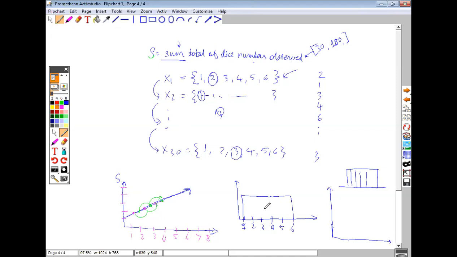So I would say this would be something which is easier to model, right? Because each of these values will be likely to occur. If you are looking at the average sum that you might expect, it would be 1 times 1 upon 6 and so on. So it would just be 1 by 6 times 1 plus 2 plus and so on, till 6, right? So that would be the average number that you would expect from a particular dice throw. In a similar manner, you can calculate the average for any number of days.